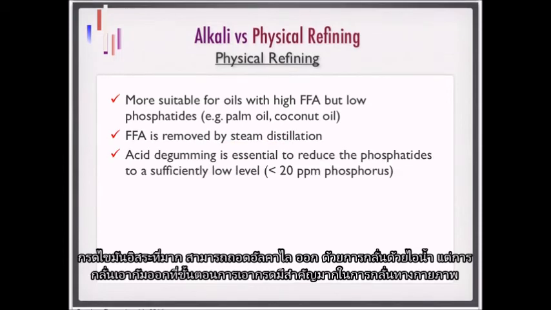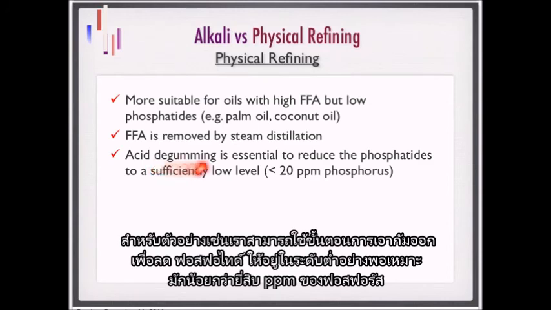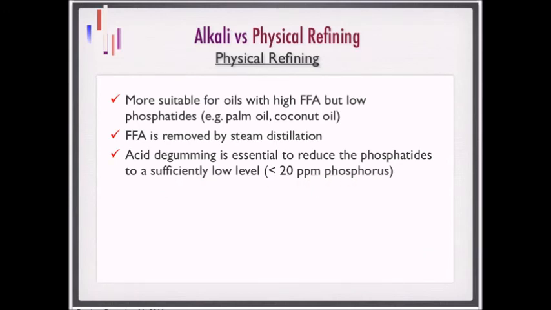But unlike alkali refining, where the degumming step may not be necessary, in physical refining the degumming step is very, very important. For example, we can use the acid degumming step to reduce the phosphatides or the gum to a very low level, usually less than 20 ppm phosphorus.